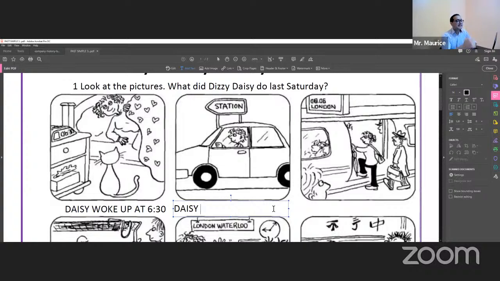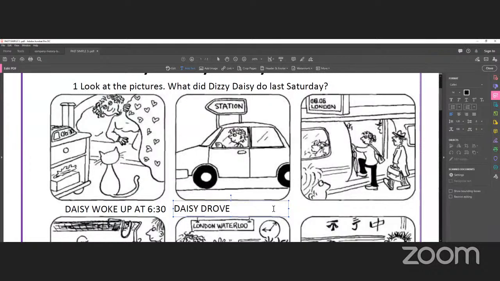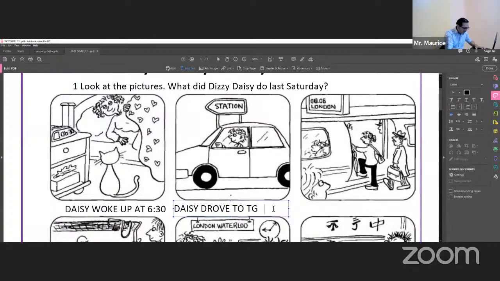Drove. Yes, drove. Muy bien. Daisy condujo. Dame ahora un complemento. ¿Condujo dónde? ¿Qué te indica la imagen? Correct. To the station. Period. Very good. Okay, as you can see, we have described picture number 1 and also picture number 2.